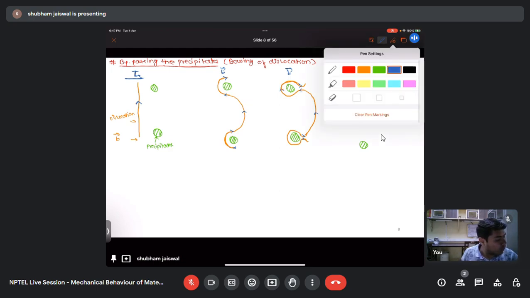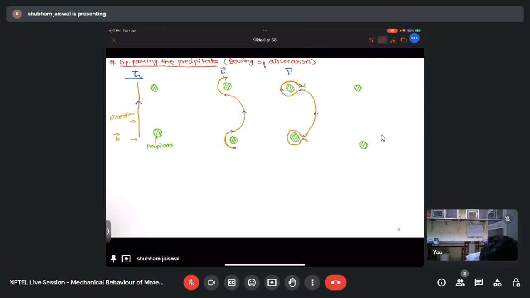Here at these two points you can see the segments of dislocation have the opposite line vector, so they will cancel out each other, and finally we'll get a dislocation loop formed here, and the dislocation will move ahead. By this way, the bypassing of the precipitates will take place.